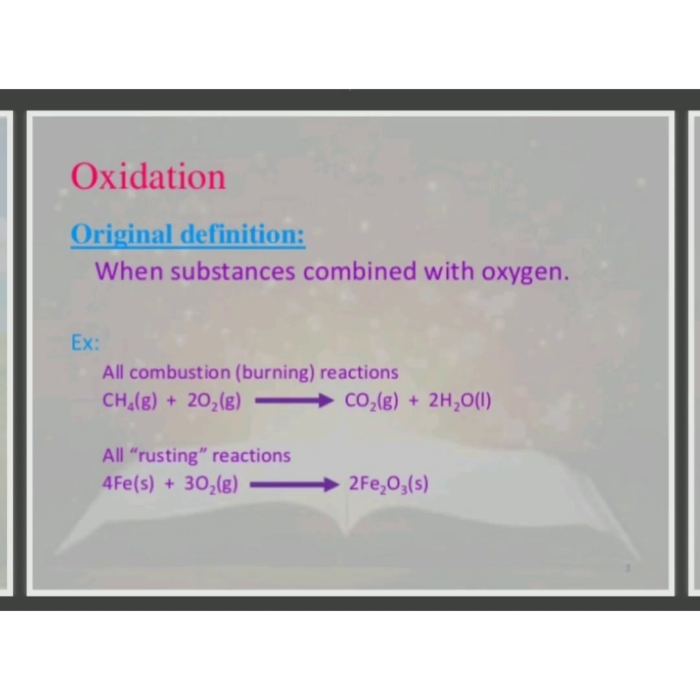For example, in burning of methane or any other fuel, when we burn fuel in presence of oxygen, it releases carbon dioxide along with water. Here, in carbon, addition of oxygen takes place, therefore, it is an example of oxidation.